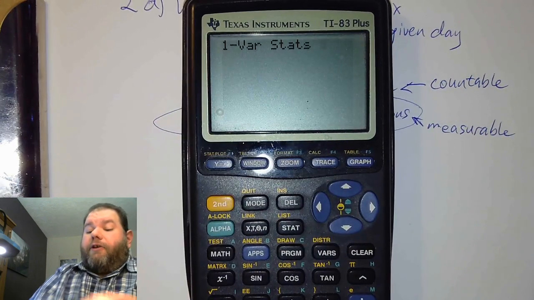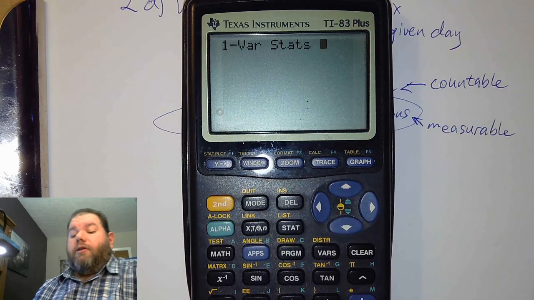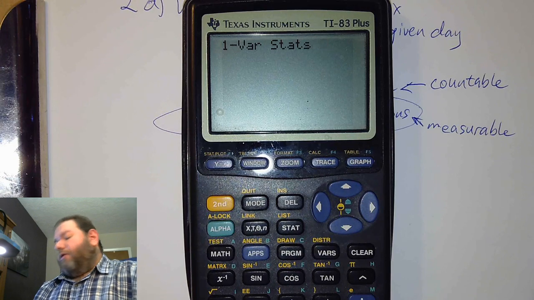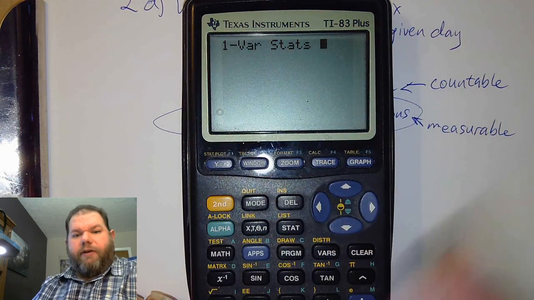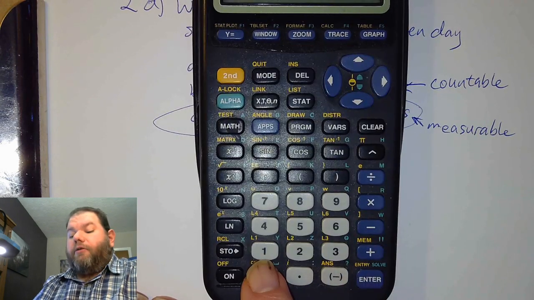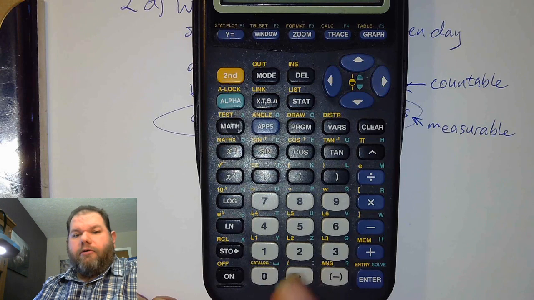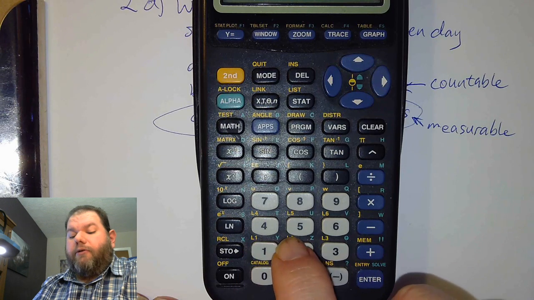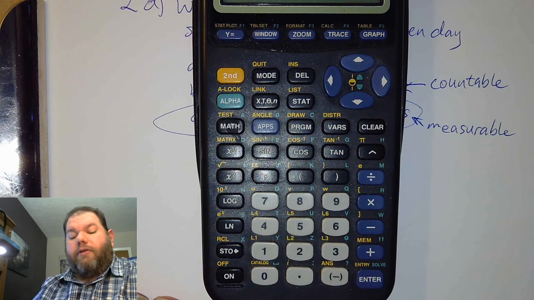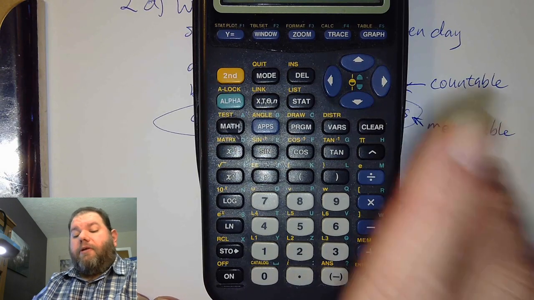On the 83 specifically, this one, it's a little bit different because, okay, we press 1-var stats, but now we have to tell it where our list is that we have all the data in. If we look right above our numbers 1 through 6, we have L1, L2, L3, 4, 5, and 6 on the second level above those numbers.